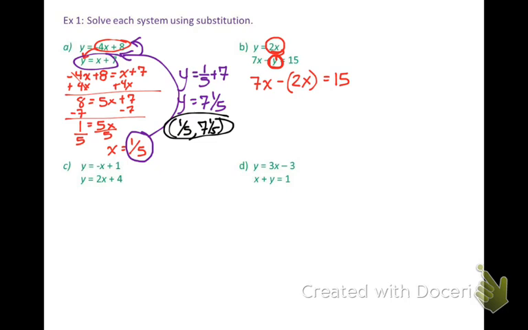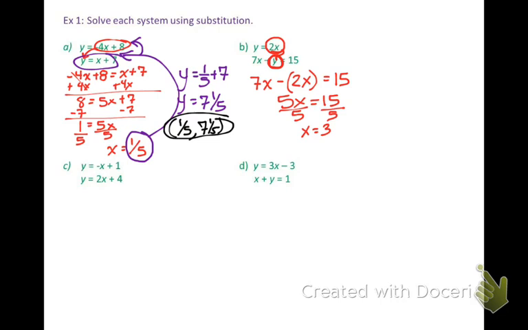Notice I substituted it in for y. I just plugged it in, took away the y. So now I can do it. 7x minus 2x, that's 5x equals 15. Divide by 5. x equals 3.